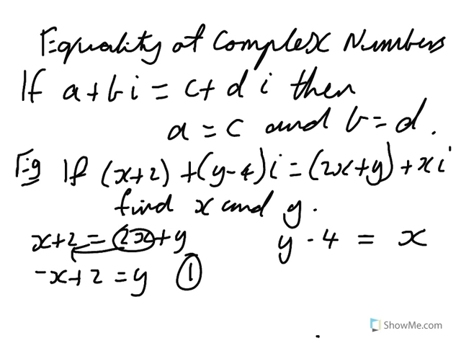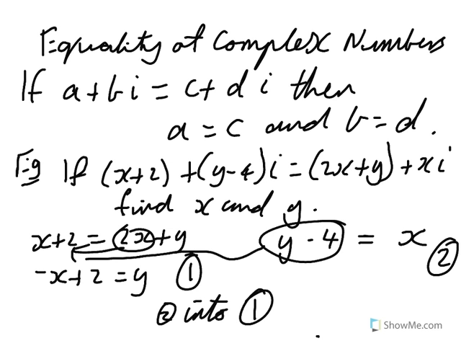So we've got two equations here, 1 and 2, and we can do a little bit of substitution. Substituting equation 2 into 1, we put that in there instead of x. So when we do that, we get the negative of y minus 4, plus 2, equals y.